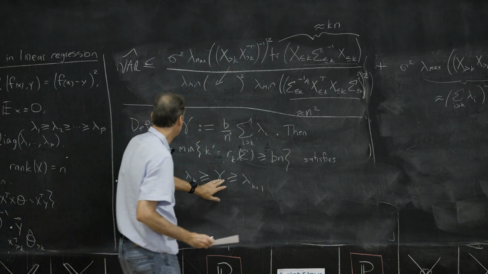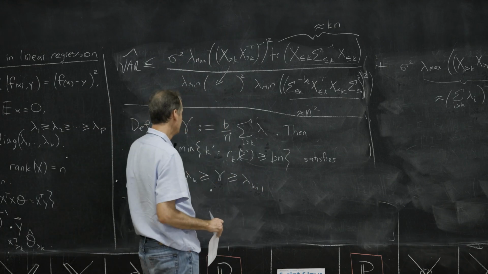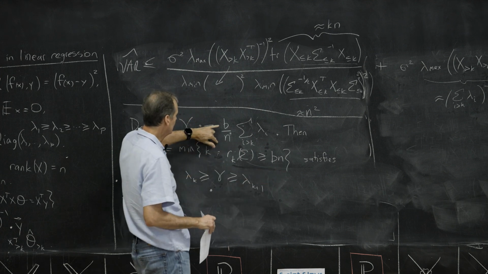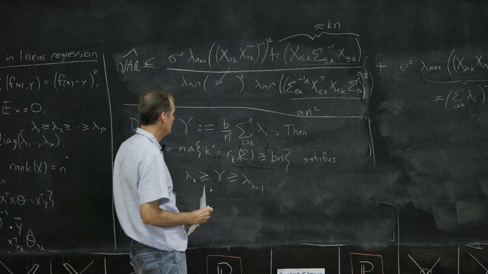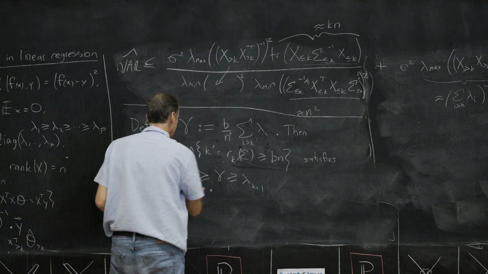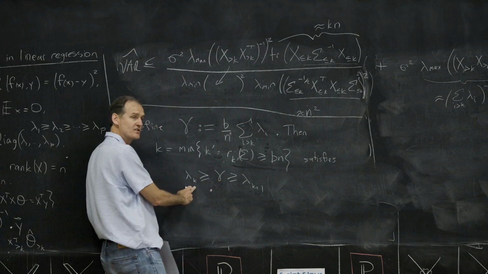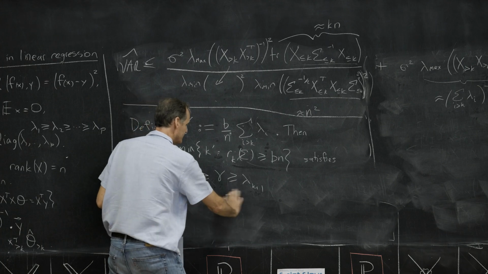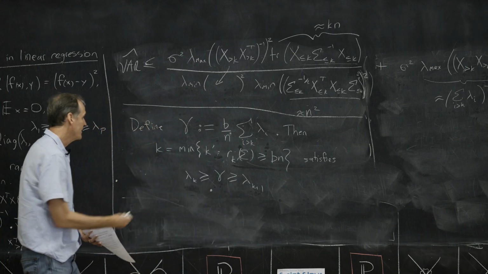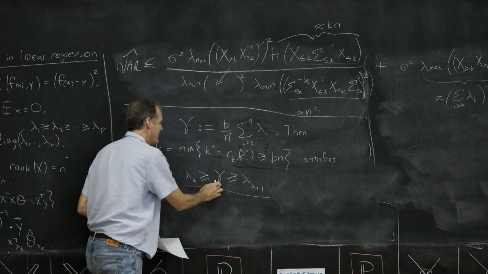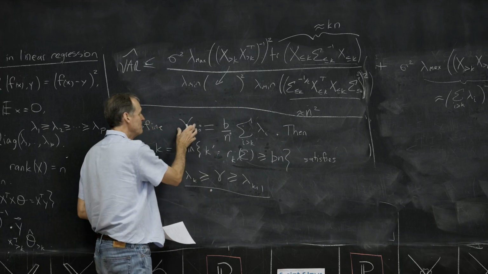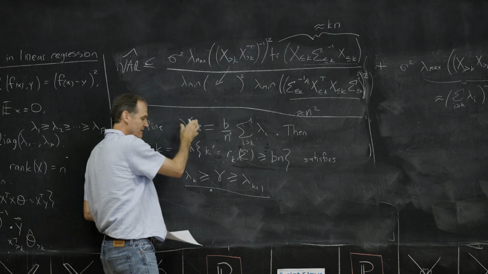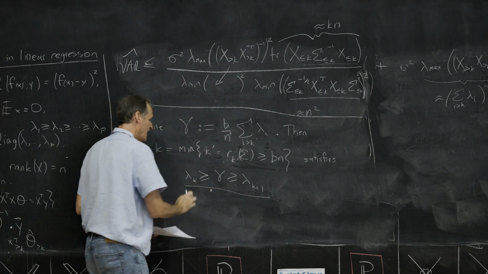Right, because gamma being bigger than lambda k plus 1 is equivalent to this condition, and it's the first k for which that's true, so it wasn't true down here, and it suddenly is true up here. Okay, so we get this comparison between a scaled version of our regularization coefficient and the eigenvalues.